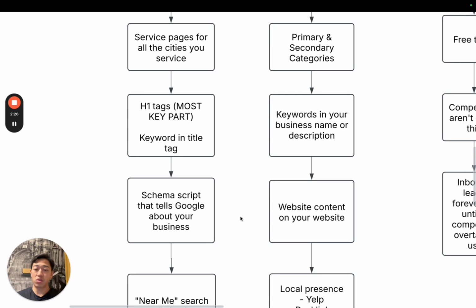Without the schema script that you provide to Google, Google won't know what your service is, and you won't rank for the near me searches. So whenever a homeowner searches X installation near me, you'll be ranking for those if you have the schema script. All this is pretty complex, but it should make a drastic change in your SEO and ranking on Google.